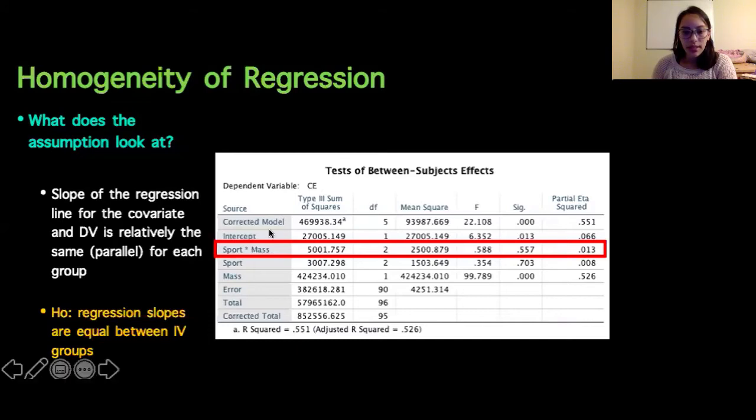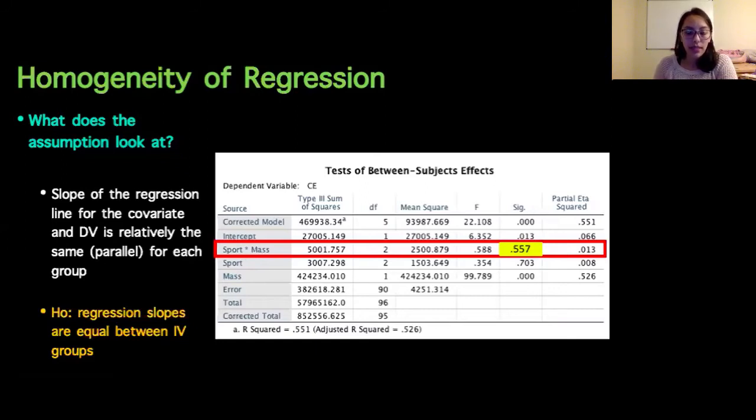Typically this will be what the output looks like that I'll give you guys, and again, you're looking for this little interaction here. What we're interested in is the p-value. In an ideal world, this p-value is greater than 0.05, similar to a lot of our other assumption tests that we've done in the past, because that means that we've met the assumption, right?